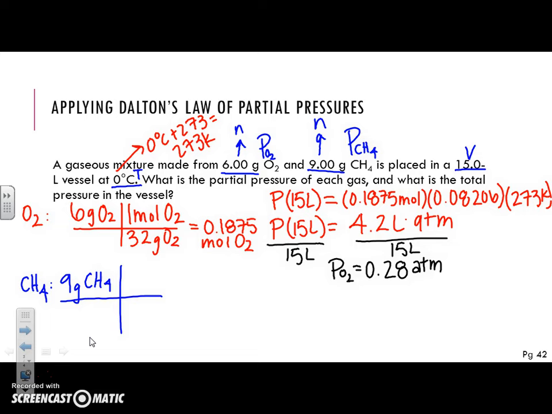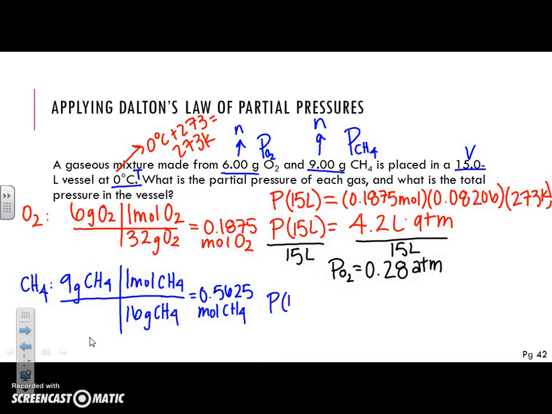The molar mass of methane is 12 plus 4, so 16 grams in 1 mole of methane. If we work that out, we have 9 divided by 16, which gives us 0.5625 moles of CH4.